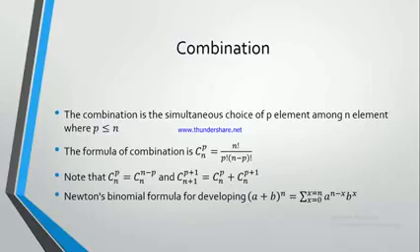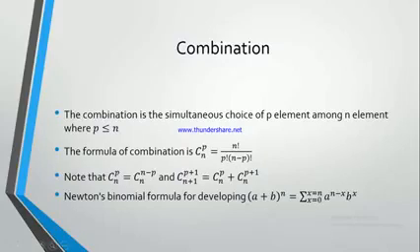Finally, we will explain combination. Combination is the simultaneous choice of p elements among n elements, where p is less than or equal to n. The formula of combination is n choose p, or C(n,p), which is n factorial over n minus p factorial times p factorial.